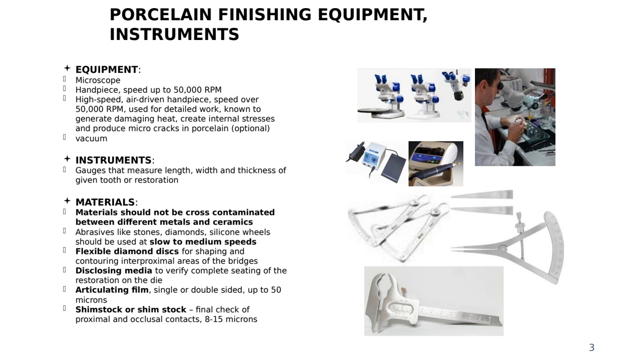See if the porcelain is bonded very well with the substructure. Margins are very important. Sometimes we do a butt margin where we have only porcelain, so using a microscope, we can see if we put enough porcelain to meet the margin of the preparation.